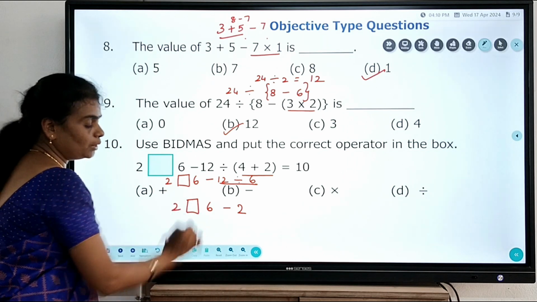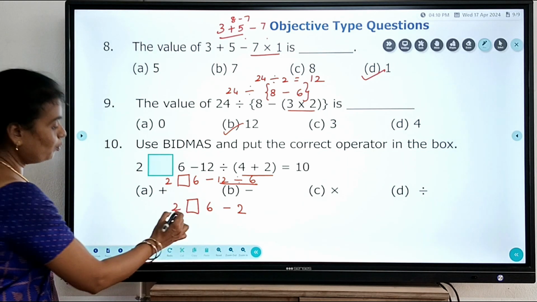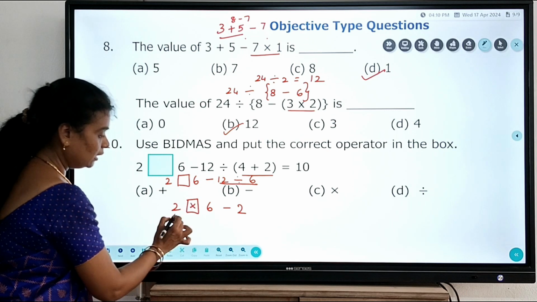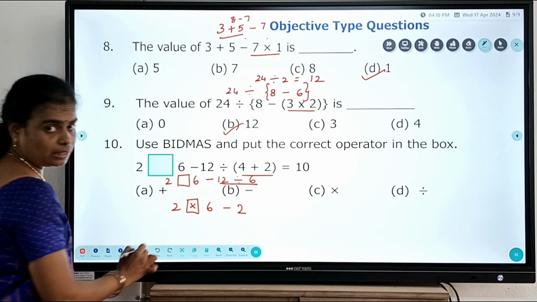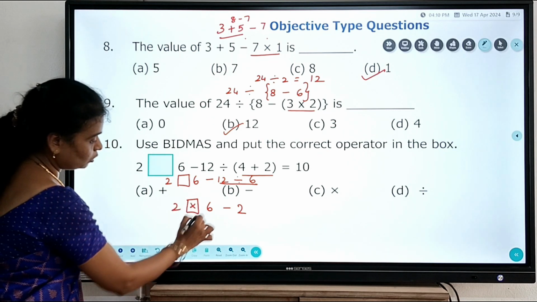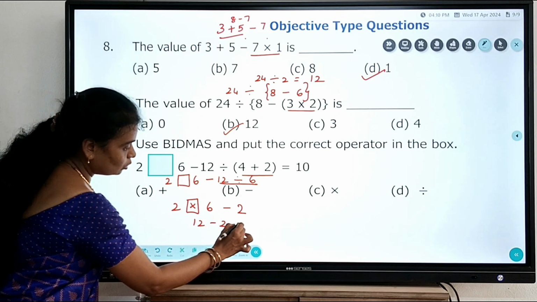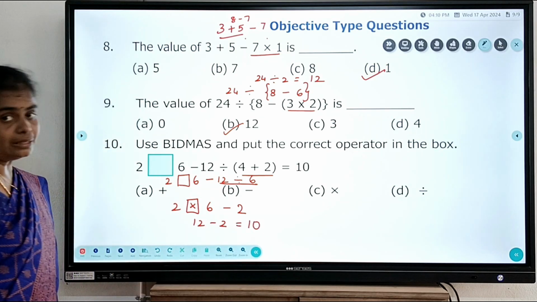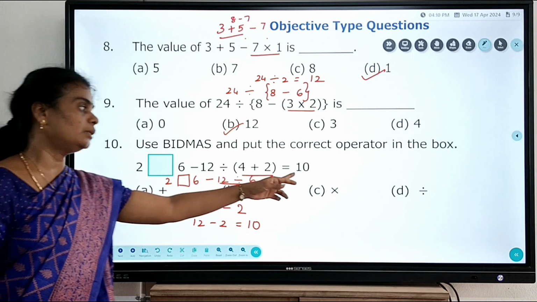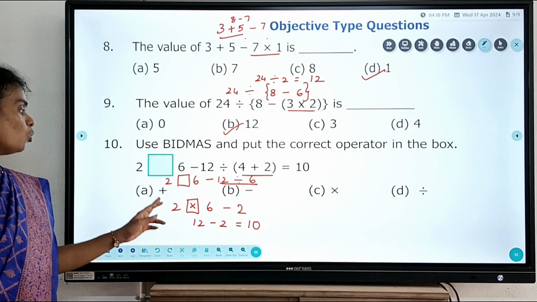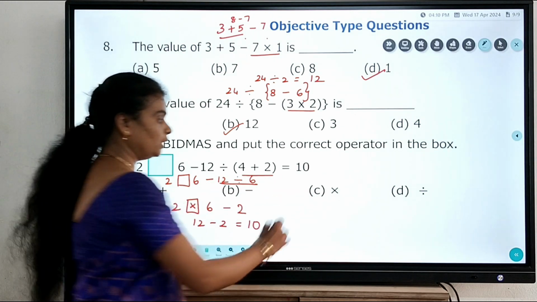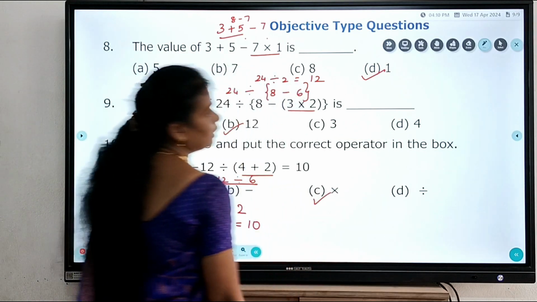What sign has to be written here? If you put a multiplication sign here, then multiplication has to be solved first. So 2 into 6 is 12, and 12 minus 2 is equal to 10. In the statement it is given as 10 only. So what operation should be here? Put in the box the multiplication symbol.